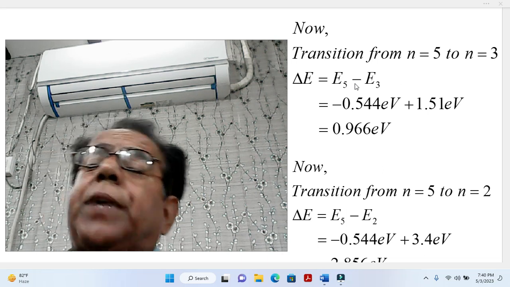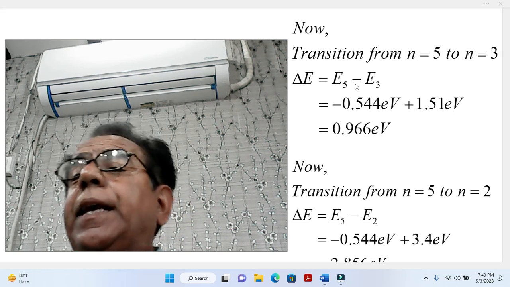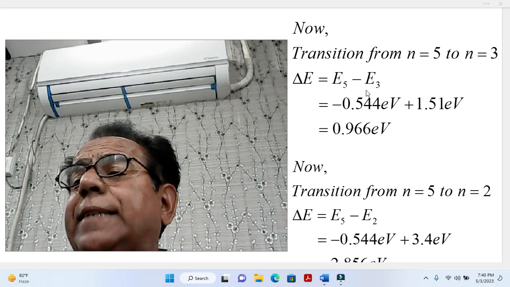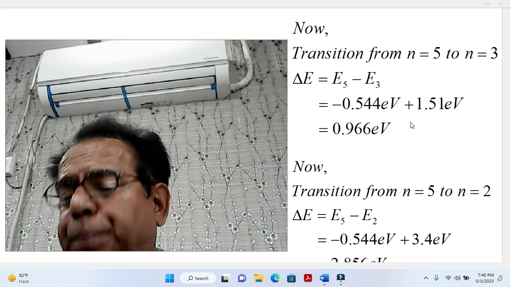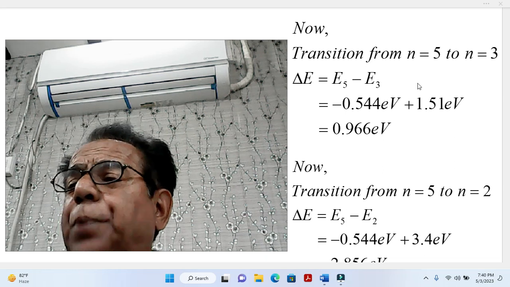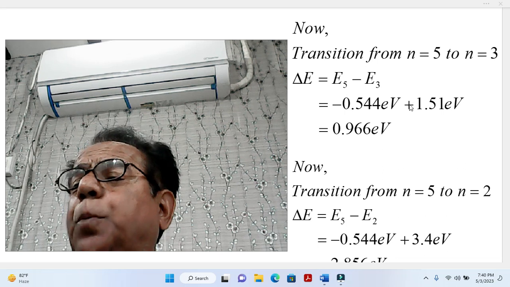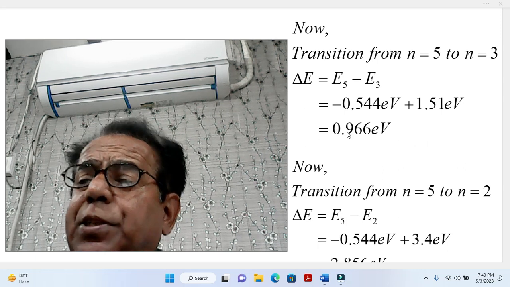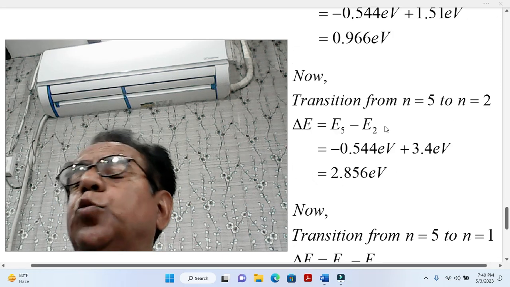When two different signs are multiplied, their result is negative. Here, because both signs are similar, that is minus into minus, their result becomes positive, and this positive value is greater than this negative value, therefore the positive sign predominates and delta E becomes equal to 0.966 electron volt. Okay, now we move to the next transition.